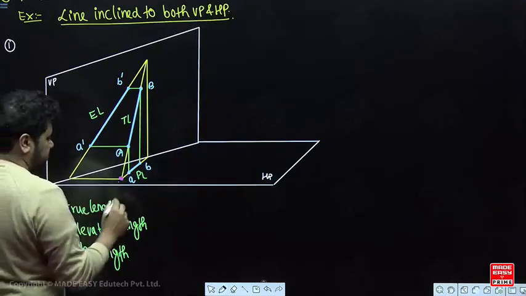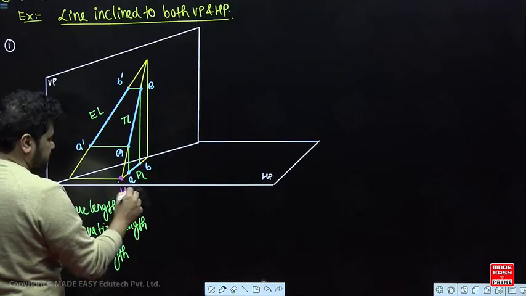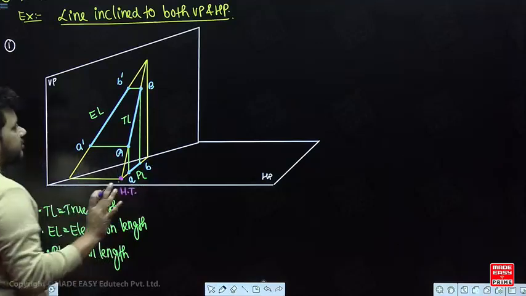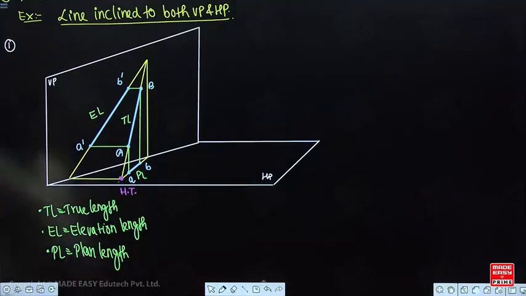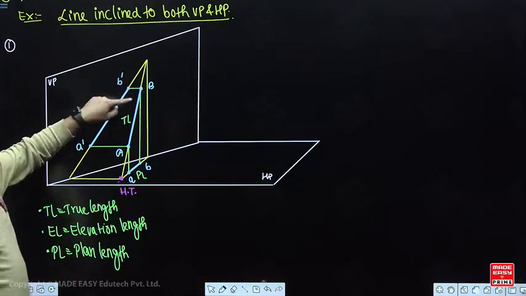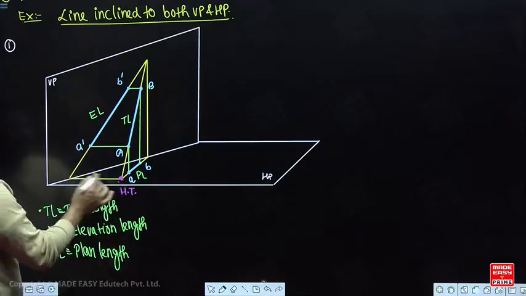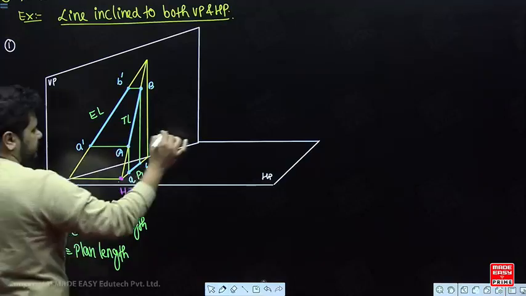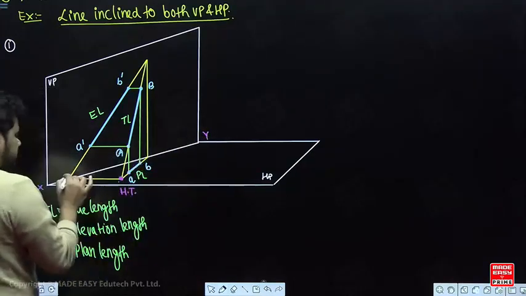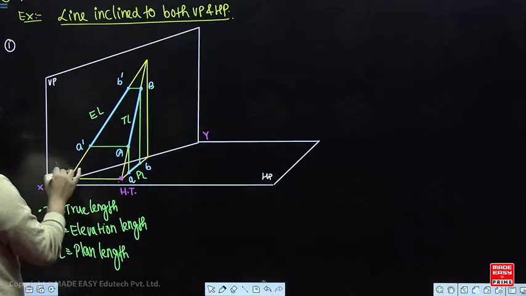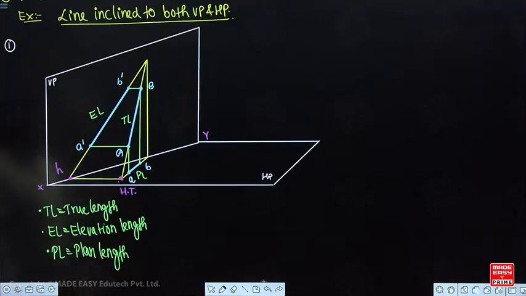Since it is cutting HP, so this point will be called as horizontal trace. ये मैं लिखवा दूंगा, all the points will be written, don't worry, right? Just understand. AB, if you extend this line, where this line will intersect HP, that is called as horizontal trace. And projection of horizontal trace on XY line, this is the XY line, it is denoted by small h. Correct? Projection of horizontal trace on XY line, it is your small h. Understood?